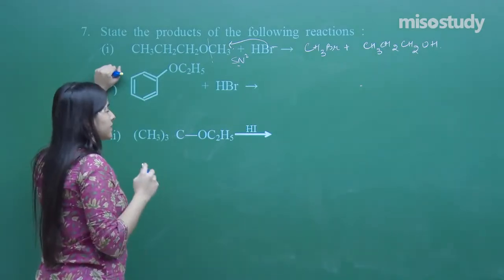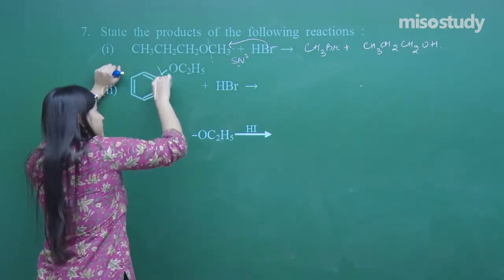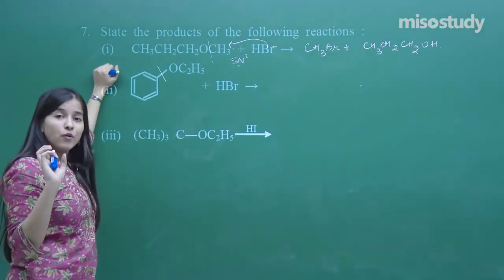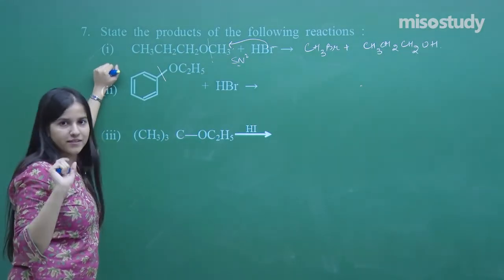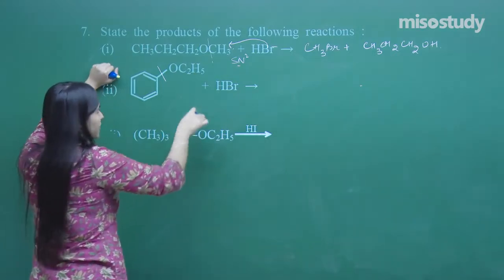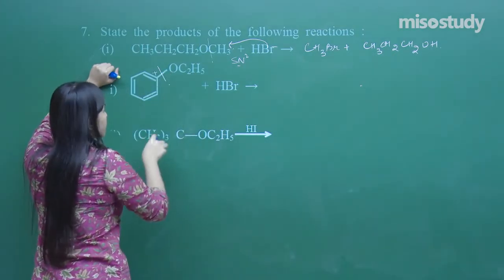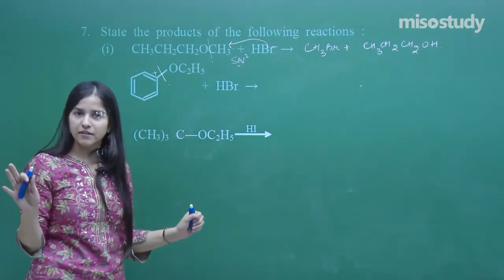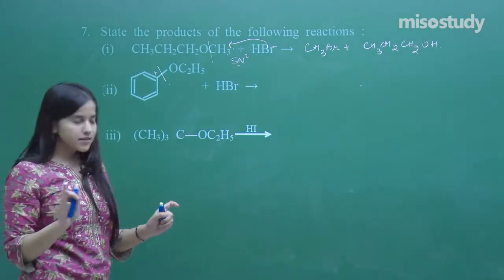Here what will happen, see. If I try to break this, I am just checking whether I will be getting a very stable carbocation or not. First is this thing. If I try to break this, positive comes up here. Phenyl carbocation, a highly unstable thing, right? So I am not going for that.